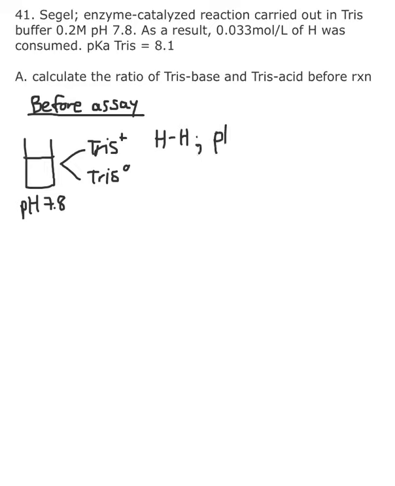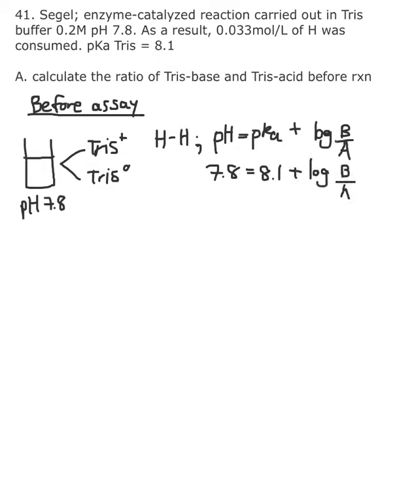So pH equals pKa plus log B over A, where B is Tris base and A is Tris acid. So pH right now is 7.8 and pKa is 8.1, plus log B over A.